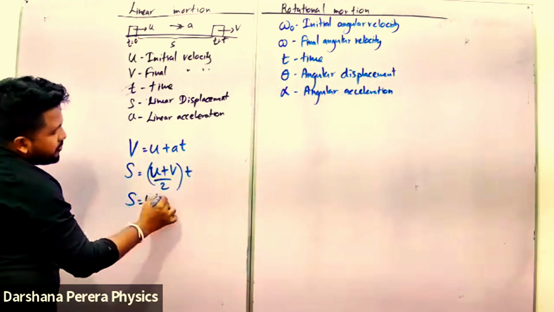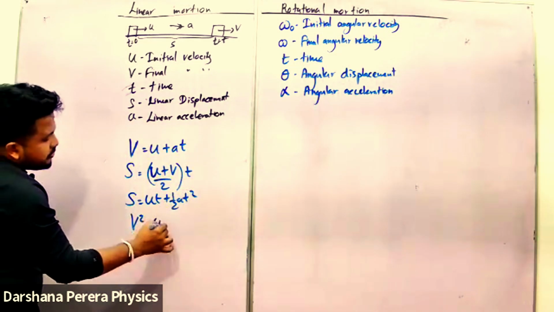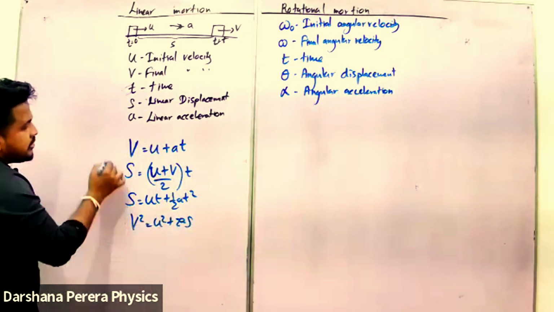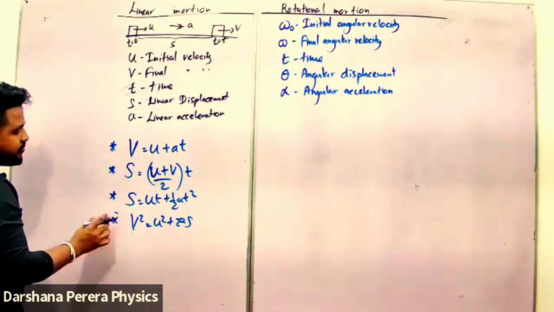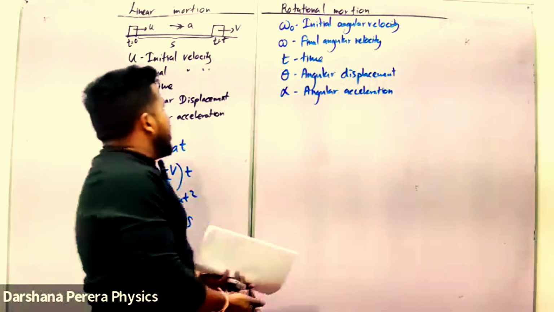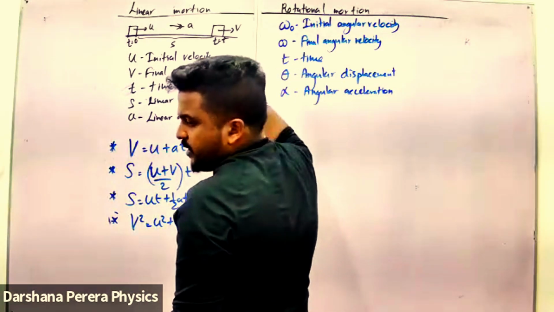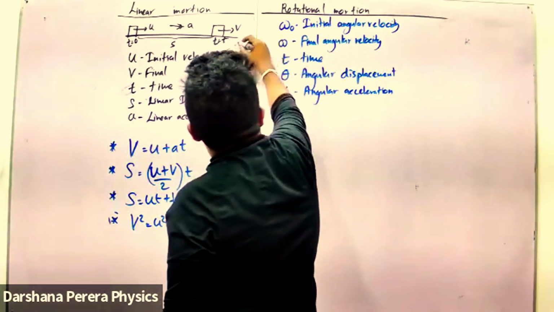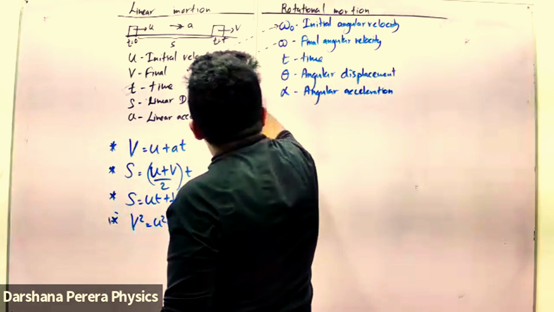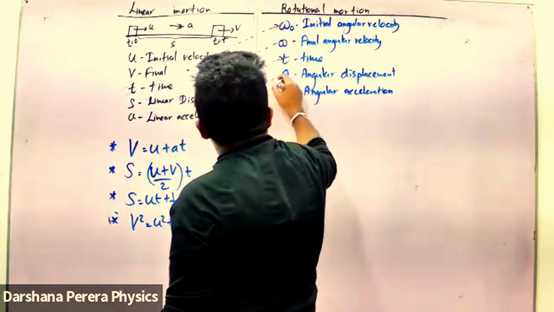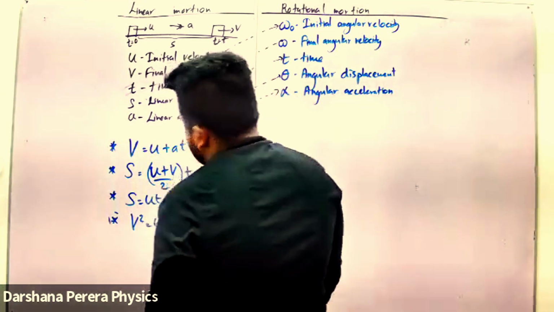And v square equals u square plus 2as. There are four equations. We have to simply modify them: u as omega naught, v as omega, t as t, displacement s as theta, and acceleration a as alpha.